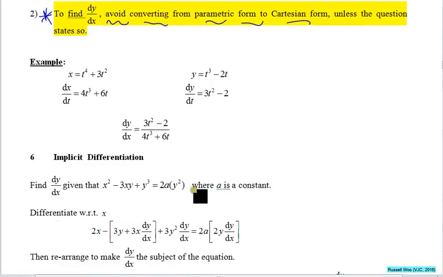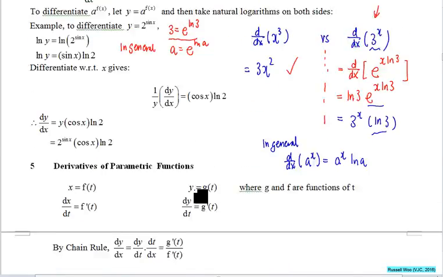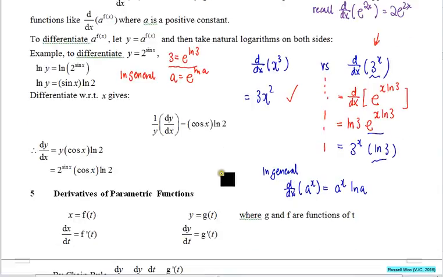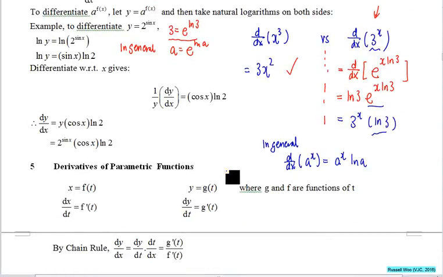Alright? Oh, sorry, before I go on to parametric, I want to say a bit more about this. Now, this one, the power is a constant. This one, the base is a constant.